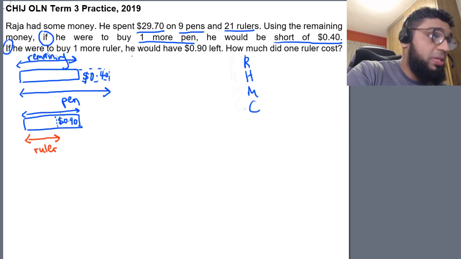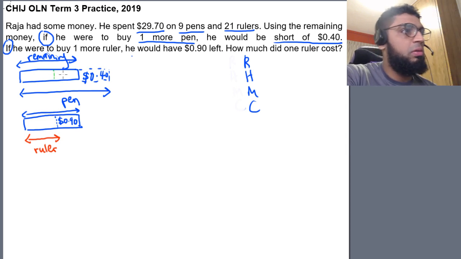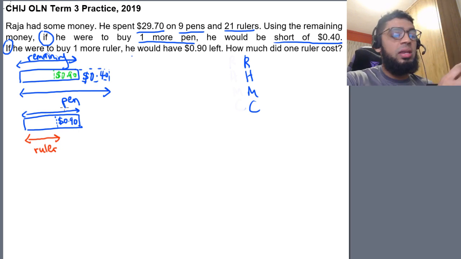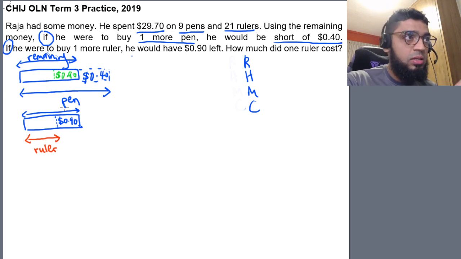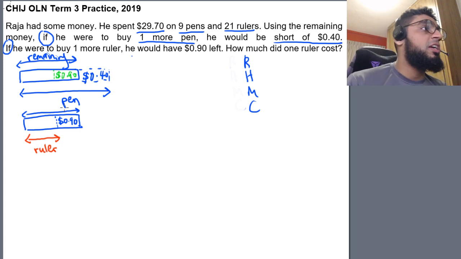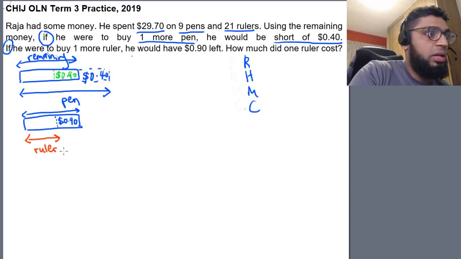So the difference between the pen and the ruler can be found by looking at this box here, which is 90 cents plus 40 cents. So the difference between the pen and the ruler is 90 plus 40 cents, which is $1.30. Or logically speaking, you can ask yourself, if I were to buy the ruler, I would be left with 90 cents.